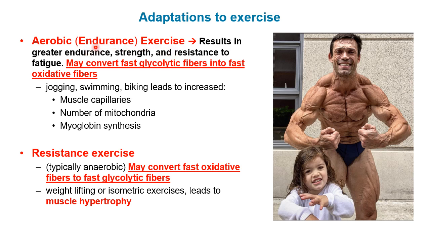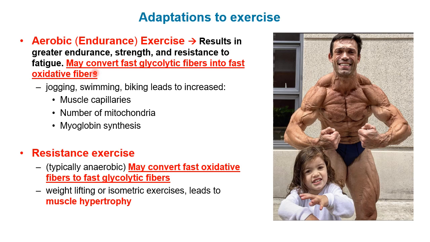Endurance exercise, that tells you that you have to have a lot of resistance to fatigue, right? So endurance exercise is aerobic exercise, and the more you do of it, the more conditioning you can get to your muscles.